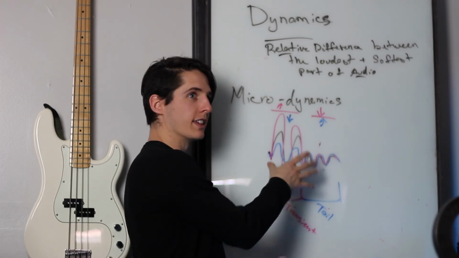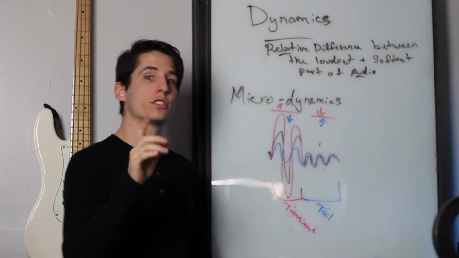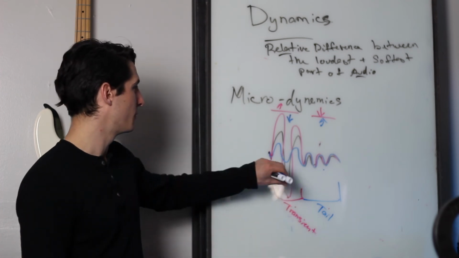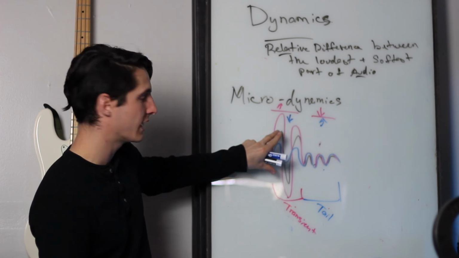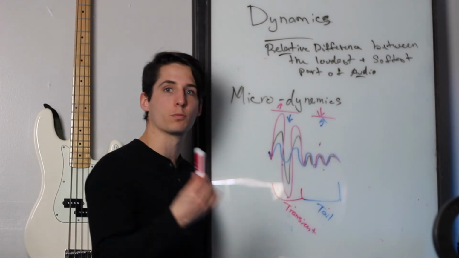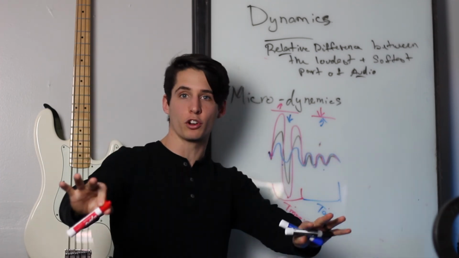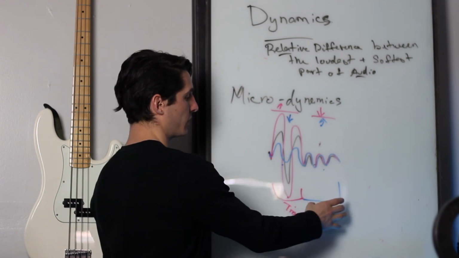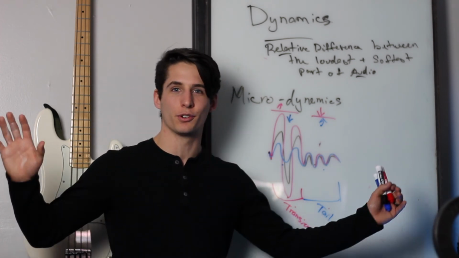This type of compression is actually going to push things back further in the mix, although it's going to sound thicker, especially if I use some makeup gain to make the tail bigger and keep the attack, the transient, the same. This is now going to sound super thick. However, it's going to have less microdynamics. It's going to sound a little bit further away from the listener, but it's going to emphasize, again, that tail. We can do all this through compression.